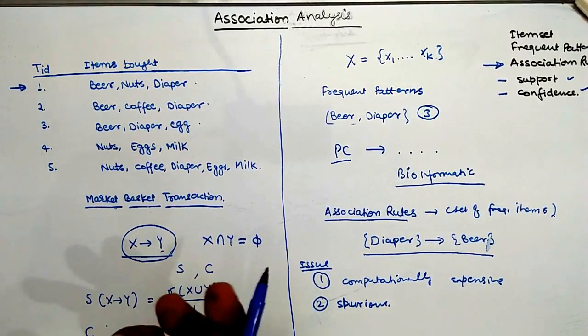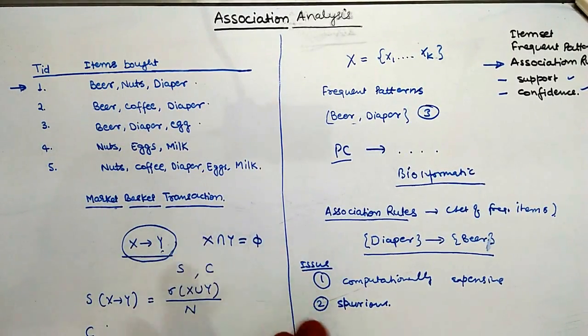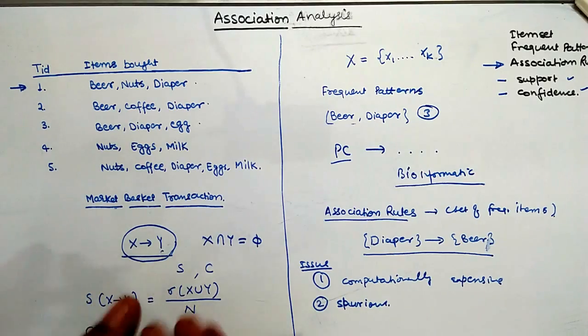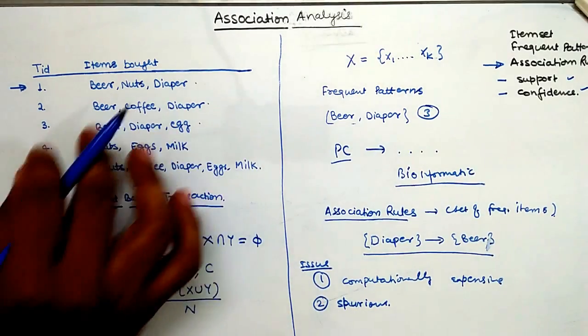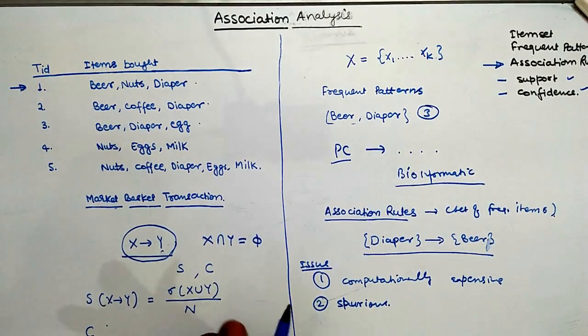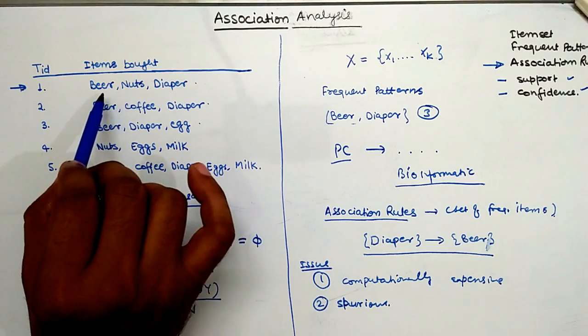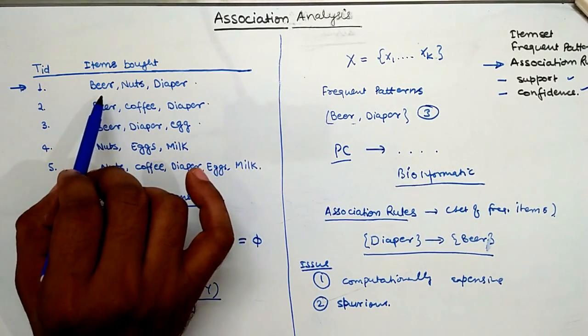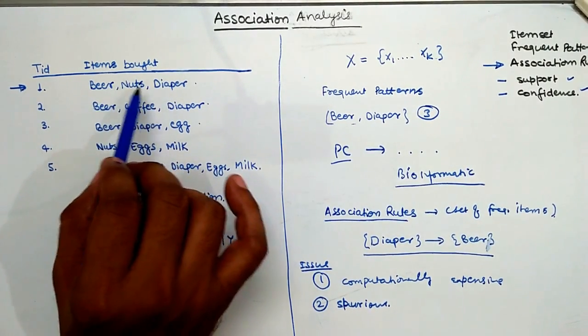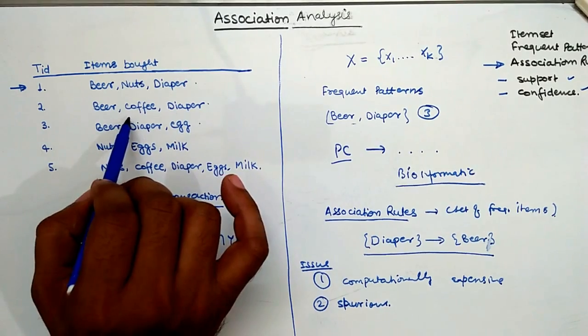How do we find the strongness? Strongness is found by how many times this rule is repeated in the transactional database. If I want to find the support for this rule with beer and diapers, I need to count the item sets in which the beer and diapers appear together.